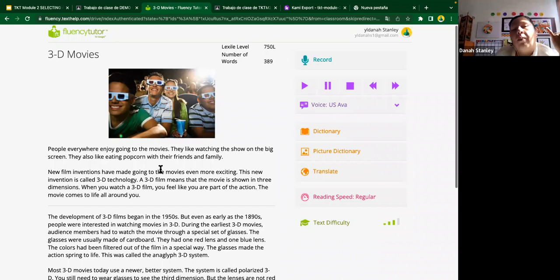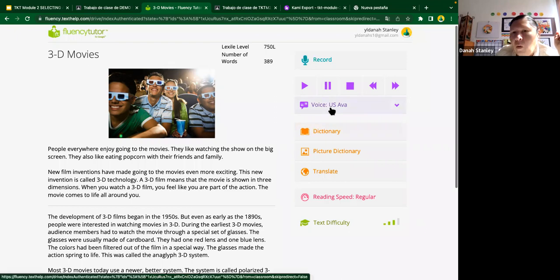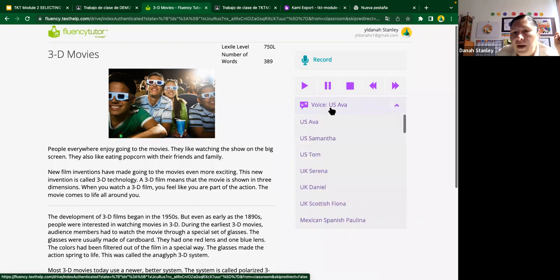Because they need to pronounce, be fluent, having the correct intonation, etc. So those elements correspond to speaking. So they can read first on their own and then compare with the reading from the platform.